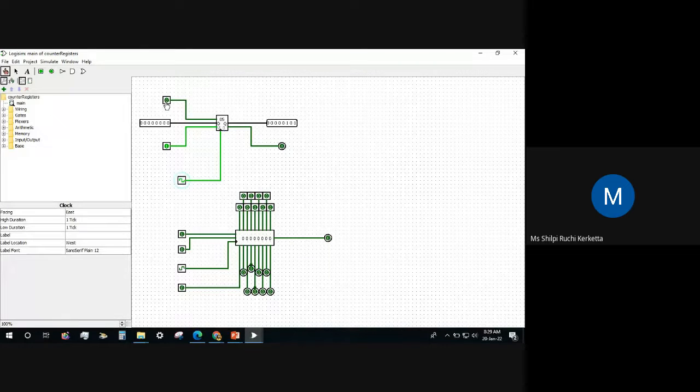So if we give it as 1, it becomes a down counter. So if we start giving the clock, you can see it is decreasing, and it will go back to 0, and after 0 it will go back to the last value. So for 8 bits the last value is all 8 ones. So this is how it is decreasing, and this is an up counter.